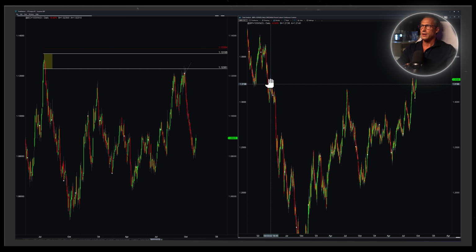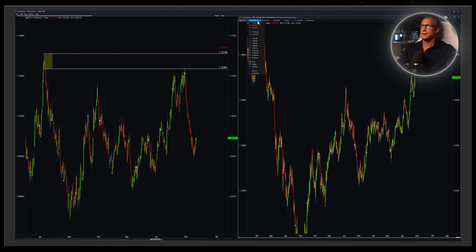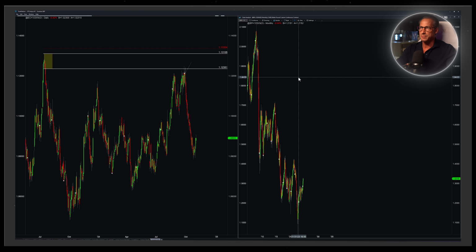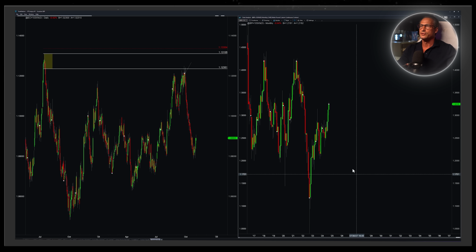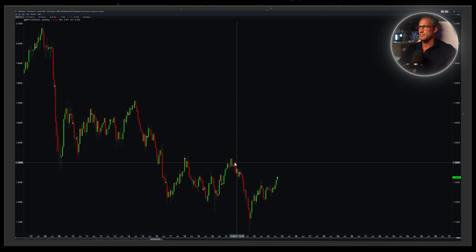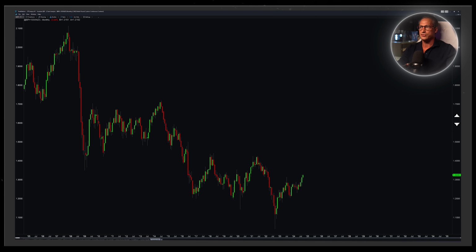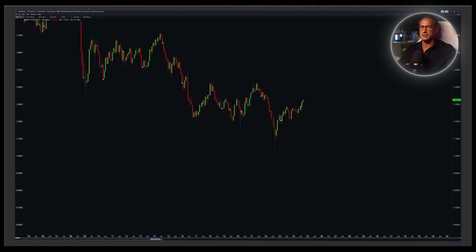Now, on the British pound, one of the most important supply and demand rules that I taught you is the big brother, small brother principle. So I'm going now to the monthly chart and do the top-down analysis with you guys. Now we do full screen so I can clearly show you everything very nicely.